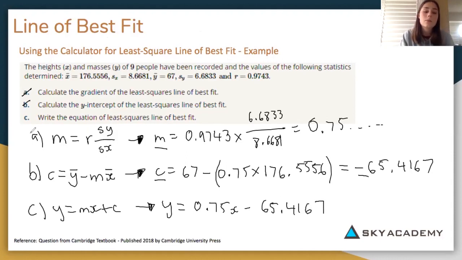So in this example, they already gave us all the values that we needed, but on the other side, we went through how to calculate those values in case the question asked you to calculate them. And that's how you get the least squares line of best fit, using the two formulas and the line of best fit by drawing a line down the middle and having an equal number above and below.